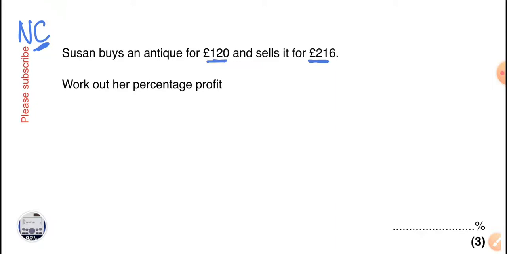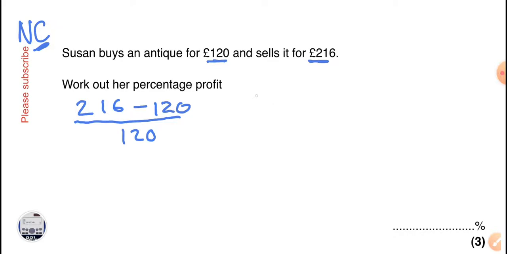So to work out the percentage profit, we have to find the difference first. So we have to do 216 take away 120, and then we're going to divide it by the original price of 120. So how do we find out what 216 take away 120 is?